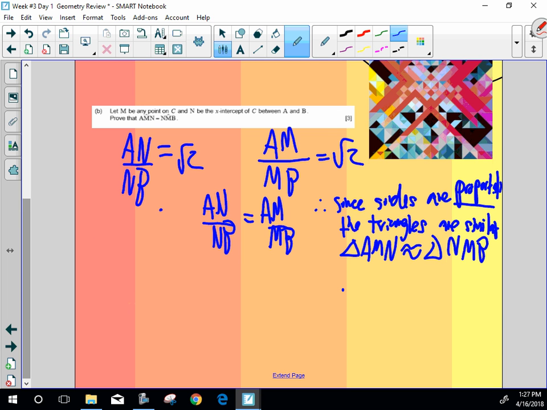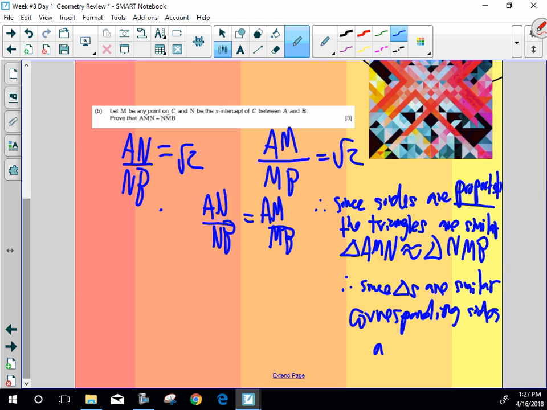And therefore, since the triangles are similar, corresponding angles, not sides, excuse me, are what in a similar triangle?